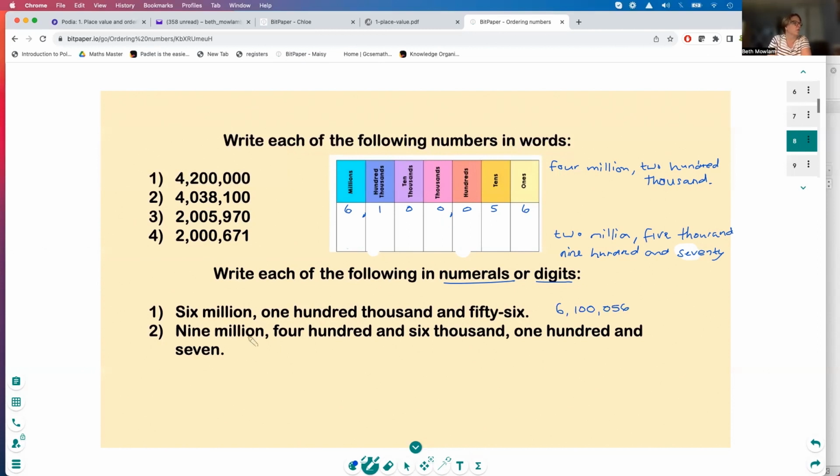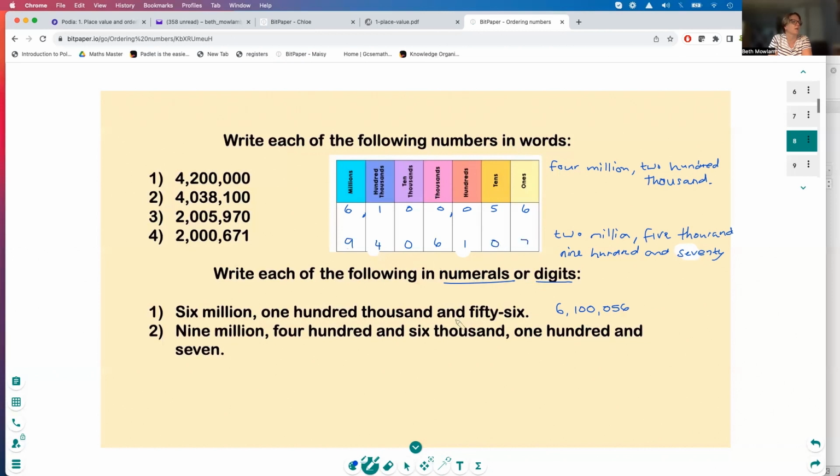So the next one, we've got 9,406,107. So if you have a go at this and then see if you can match my answer. So 9 million, we have the 9 in the millions column. 406,000. So the 6,000. 107.